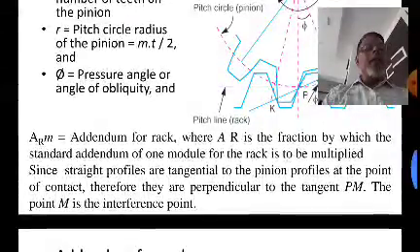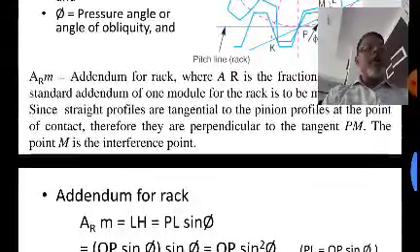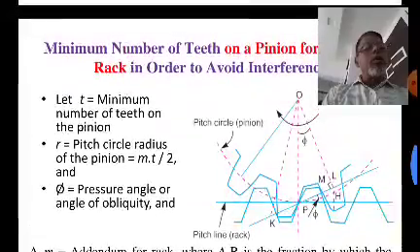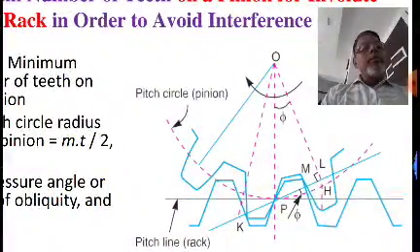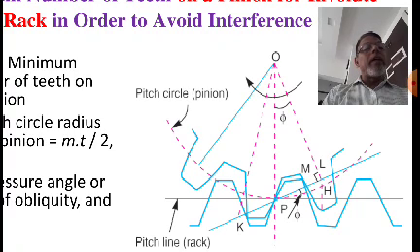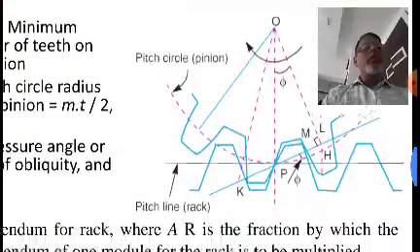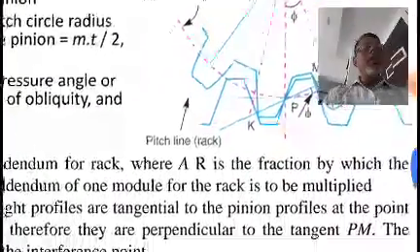So PL sine phi, and what is PL? You can see in this diagram, if you consider this triangle OLP, then this PL is nothing but OP sine phi, and OP is R, the pitch circle radius of the pinion.